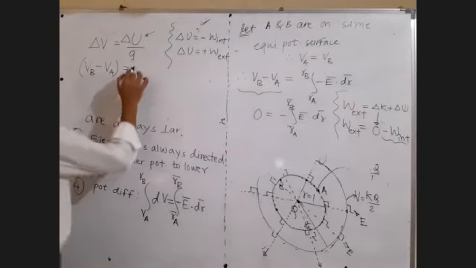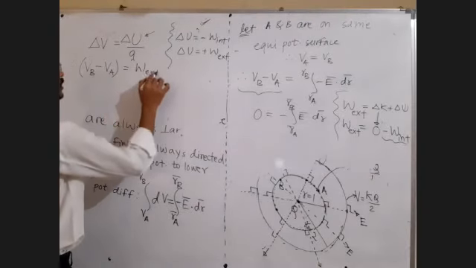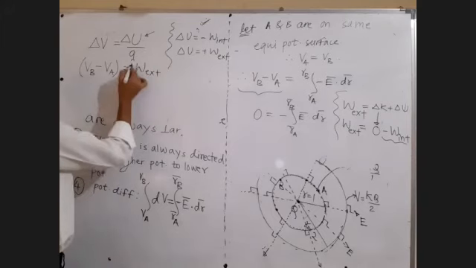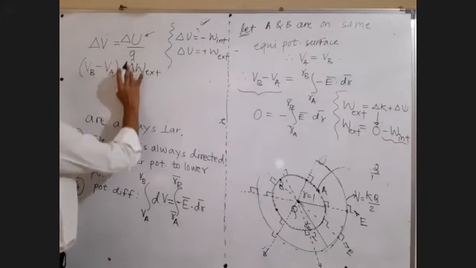So that is W external divided by Q. Now some people write W external as delta W. Let them, I will not be writing it.